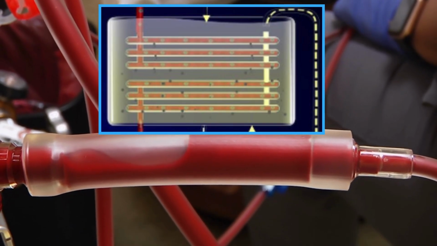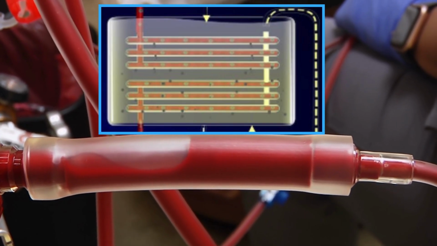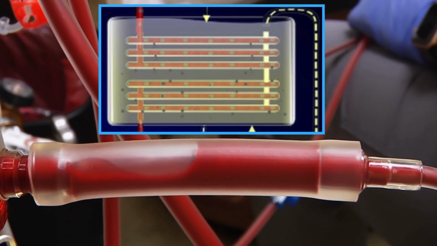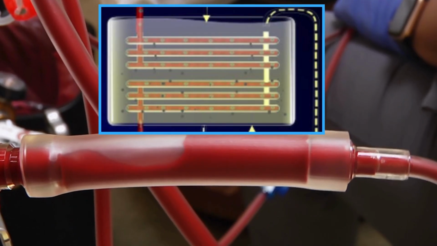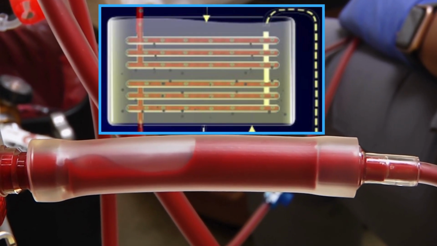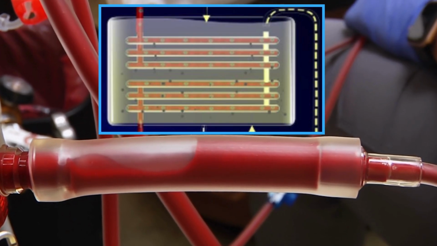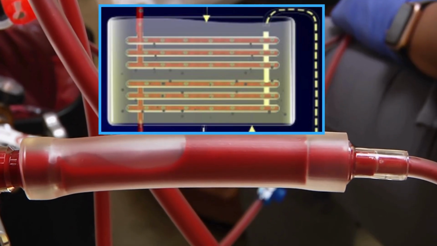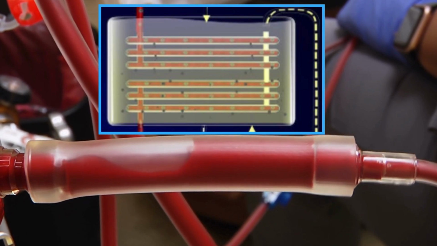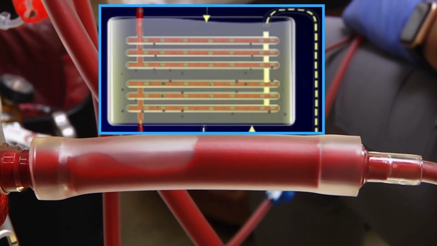Water from the blood moves across the membrane into the dialysate by osmosis, helping to reduce fluid buildup in the body. This principle ensures that excess water is efficiently removed, while the process of diffusion eliminates waste products and toxins. Together, osmosis and diffusion restore balance in patients with impaired kidney function.